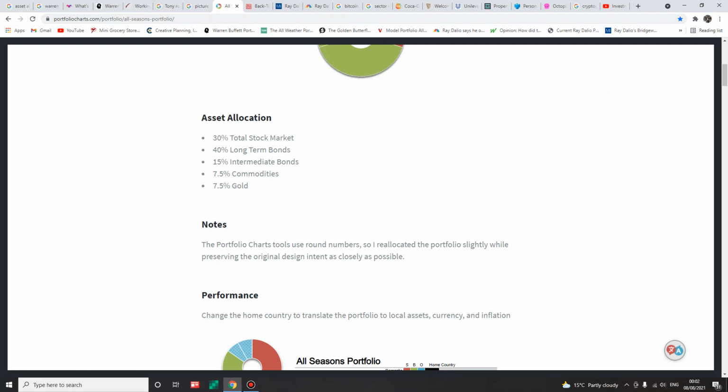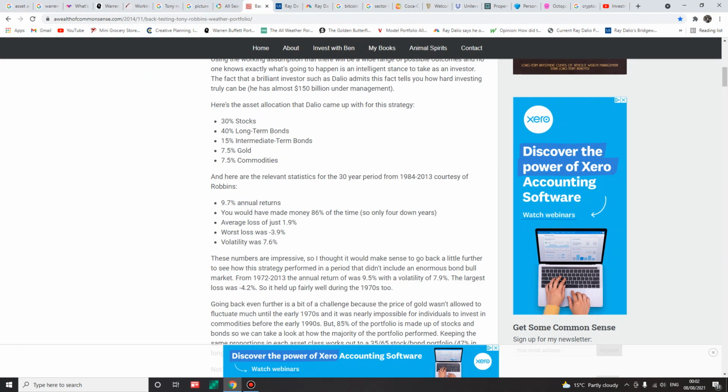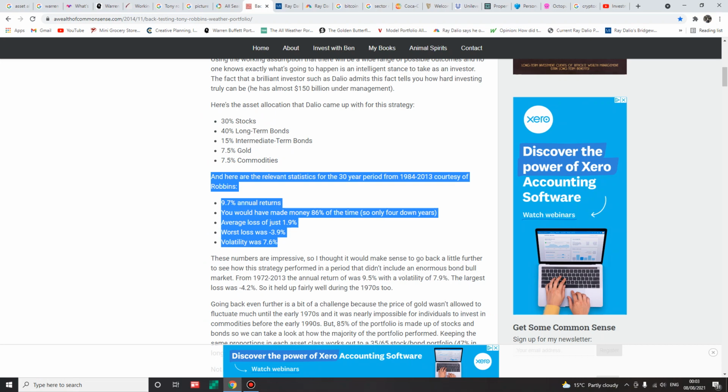Okay. Meanwhile, I'd like you to pay attention to these statistics. You see, between 1984 and 2003, according to Tony Robbins in his book Money: Master the Game, these are the statistics. We have 9.7% annual returns.